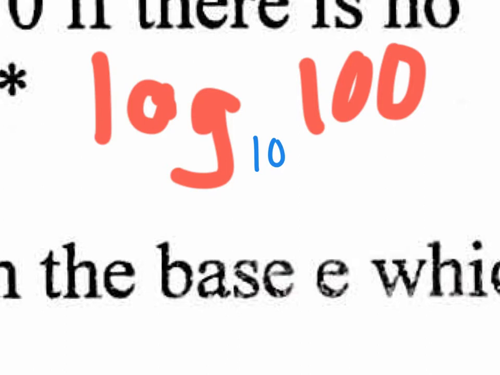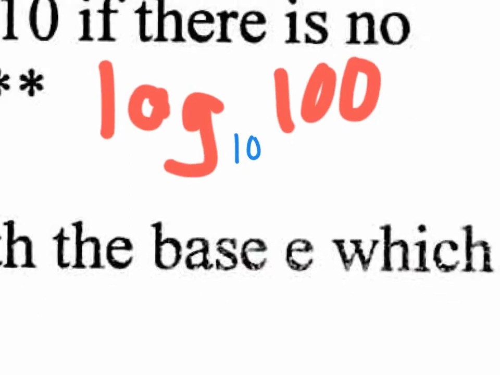Even if they don't write it, you automatically assume that it's base 10. So how would we read this? We would say log base 10 of 100. Or another way of reading it with the vocab word, say common log, which means log base 10 of 100. Common log of 100. Right? Or you could say log base 10 of 100.